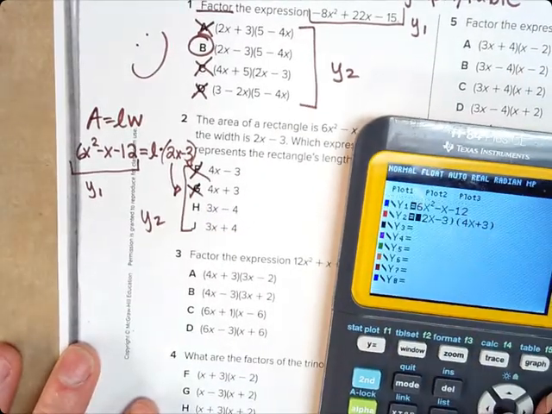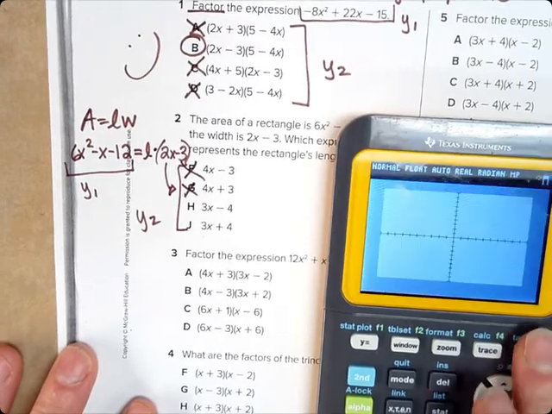Then go and do the next one. 3x minus 4.